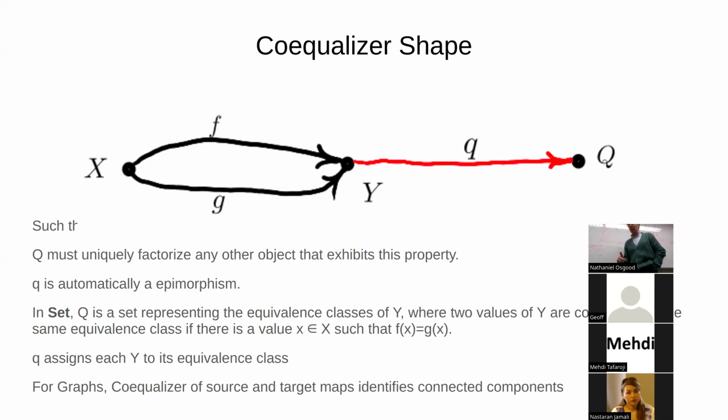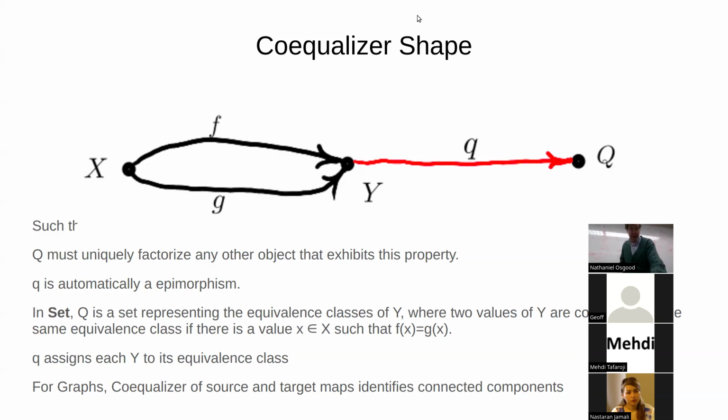What we're showing here is the basic structure of the coequalizer, but it again has to offer a certain universal property. It has to be the best, the most quintessential of them.